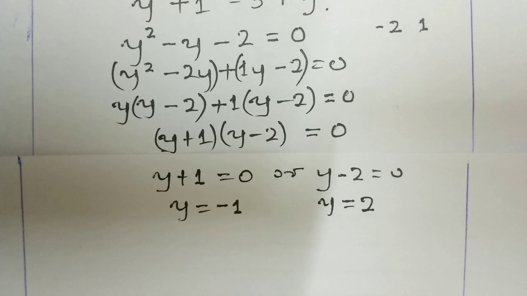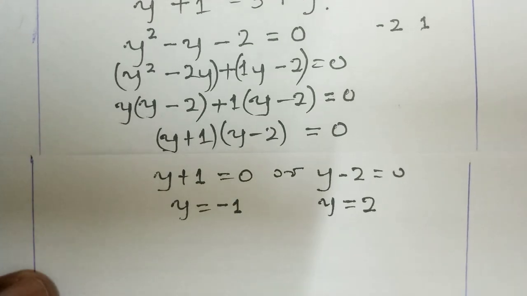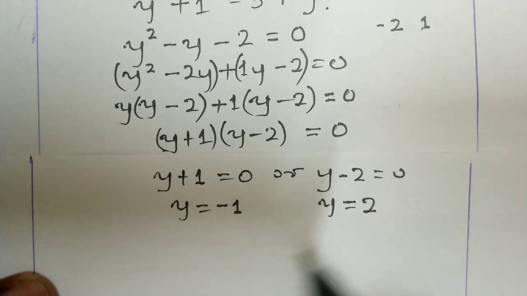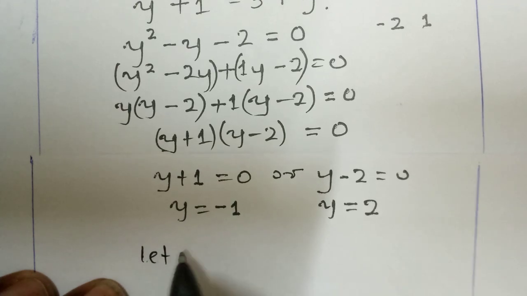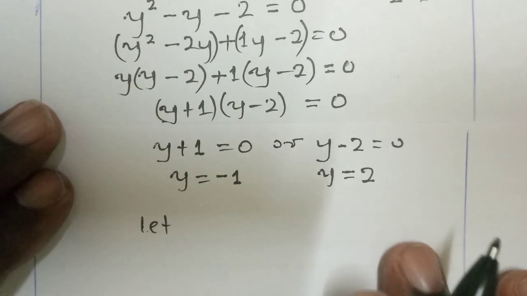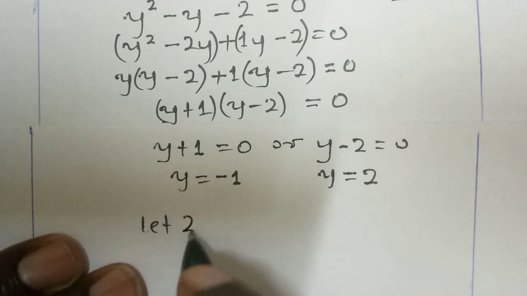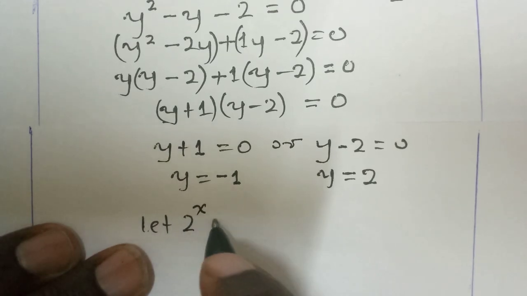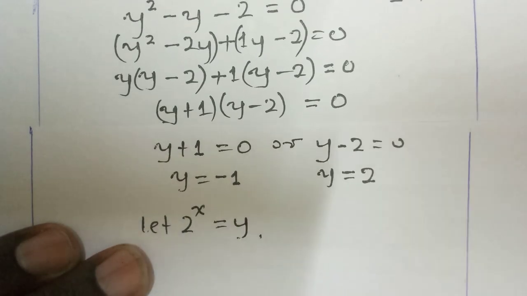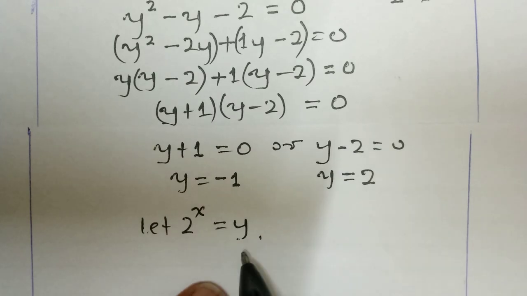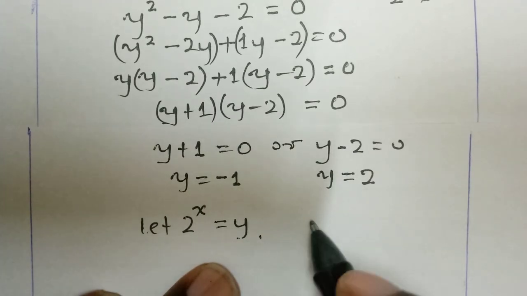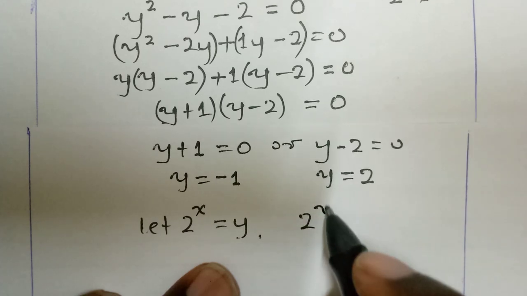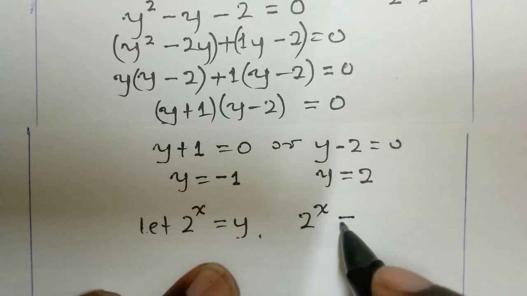And now, guys, we come to our original position where we had said let 2 raised to x equal y. Now we can replace for that. For this side we will have 2 raised to x equals 2.